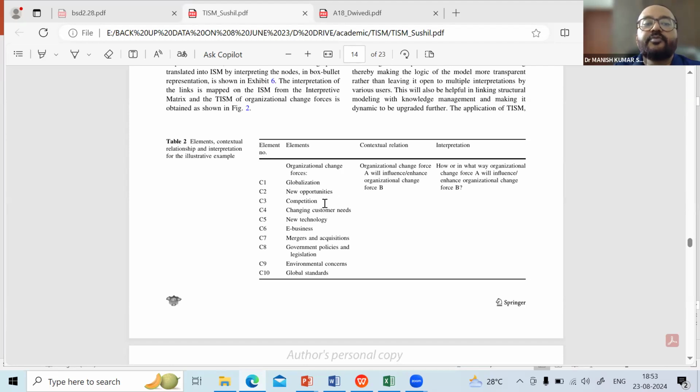Globalization, new opportunities, competition, changing customer needs, new technology, e-business, and mergers and acquisitions, government policies and legislation, environmental concerns, and global standard. So all these are the elements which are supporting organizational change.